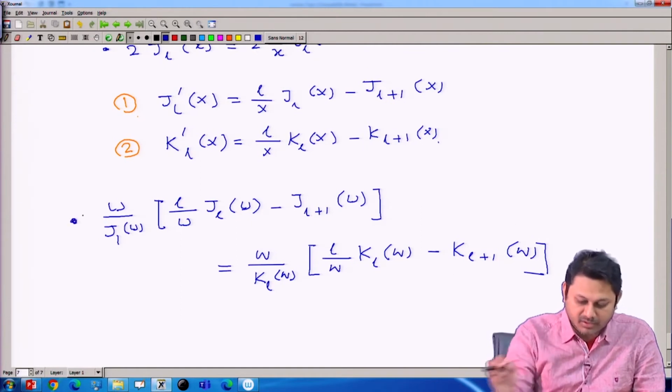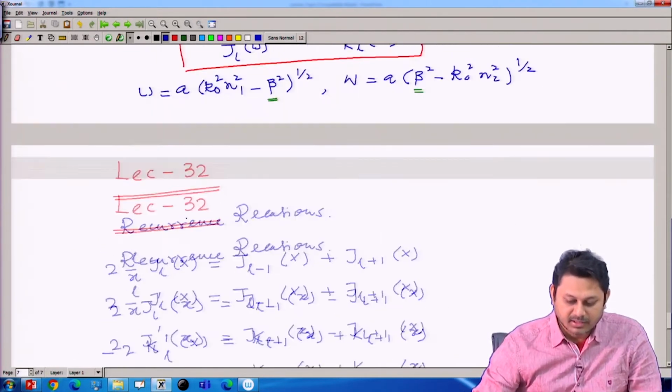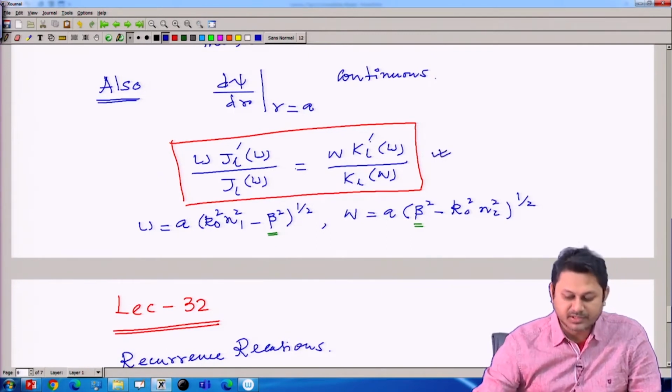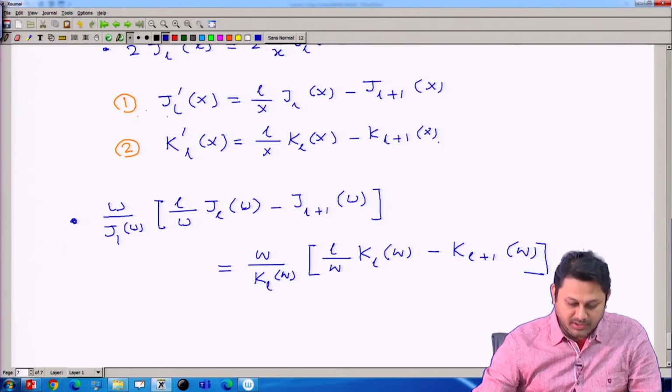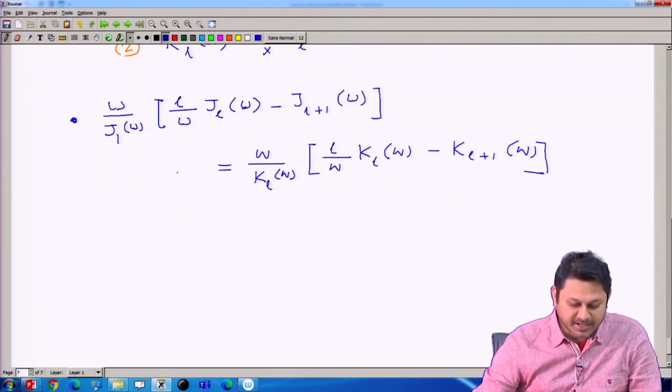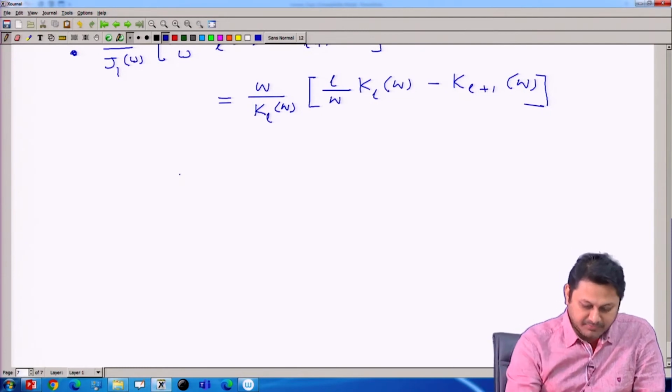Because this equation I already derived in the last class. I just replace this prime, which is the derivative, using equations 1 and 2, and I am getting this. Once I get this, I can simplify, I can have something like this.